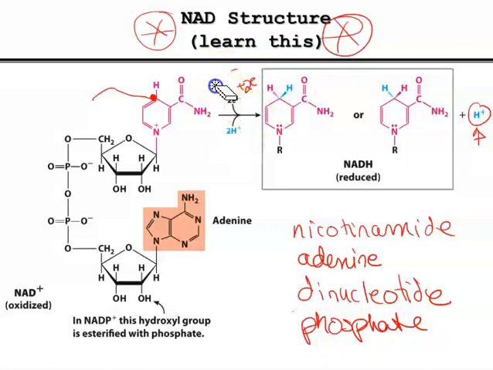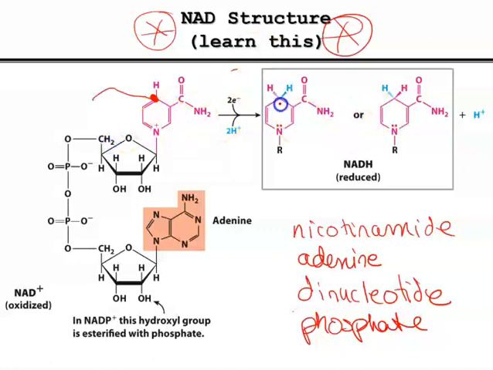That's where they're going. So we have this big, huge molecule, and we're really only doing business at this carbon here, where we add a hydrogen and two electrons, or we can lose a hydrogen and two electrons if we run this in the opposite direction.